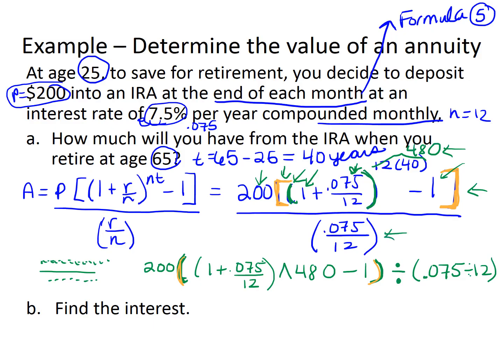Then you would hit 0.075 divided by 12 equals, and keep all that, and then punch in the numerator divided by that. So 200 parenthesis parenthesis 1 plus 0.075 divided by 12, close the parenthesis. If you miss parentheses, you're going to get an incorrect answer, so be sure that you have them in the right places.